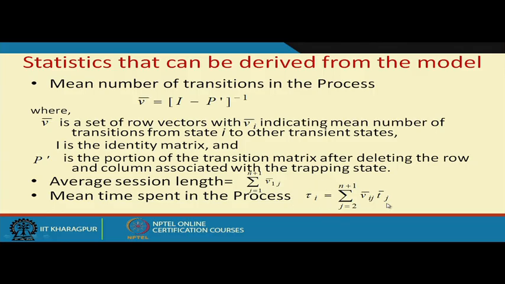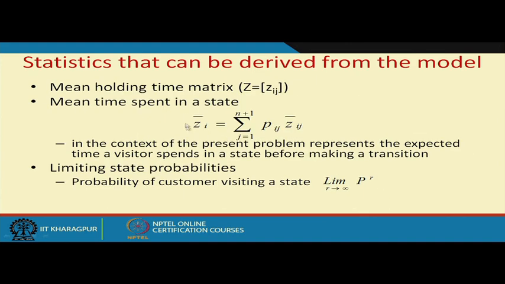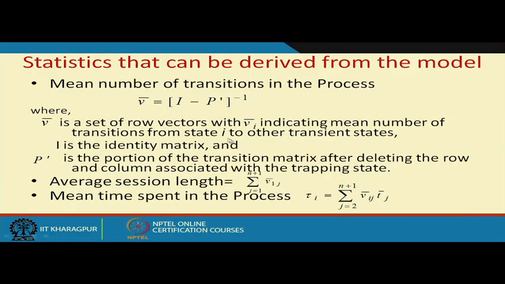So, there is again one more inconsistency in the symbol. Here I considered this mean time as z i, and in this slide I will be making the corrections. This is t j bar.